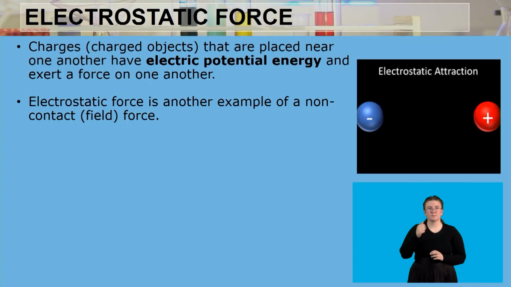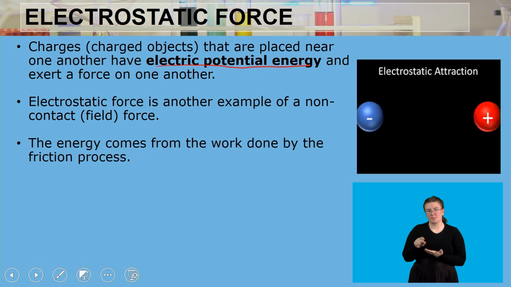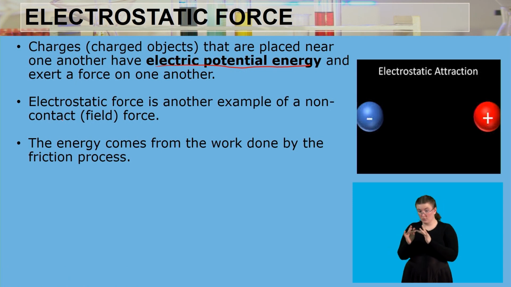Charged objects that are placed near one another have something called an electrical potential energy and exert a force on one another. This electrostatic force is an example of a non-contact or a field force. Remember, non-contact means the objects do not have to touch each other.